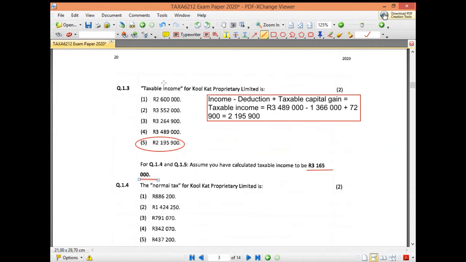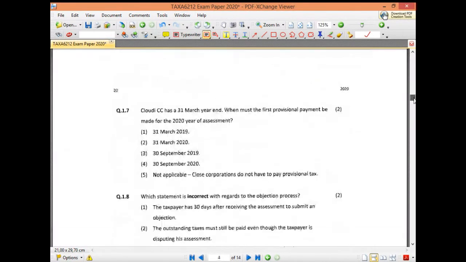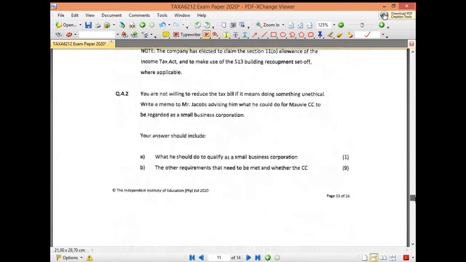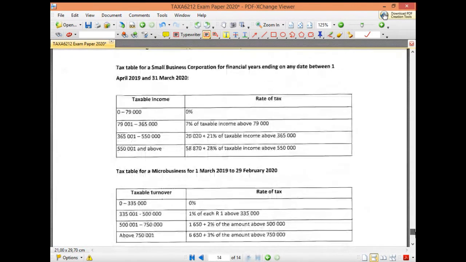Okay, now remember, normal tax is our taxable income multiplied with the applicable tax rate. Now, we said because we are a small business corporation, we are going to apply the small business corporation tax tables. So I'm quickly going to scroll to where they've included this for you. So it's right at the end of the paper.